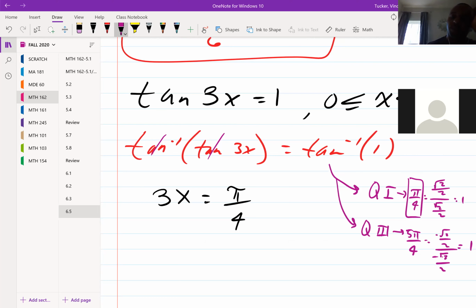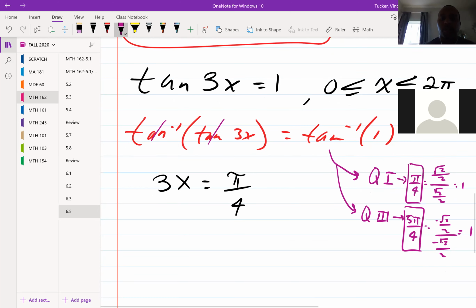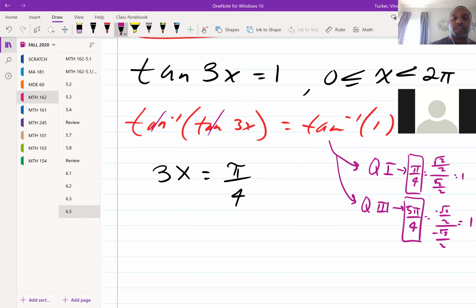It happens in two different places. All right. So when I write this up, let's go ahead and solve, and I'll show you what we can do to consider this 5 pi over 4.